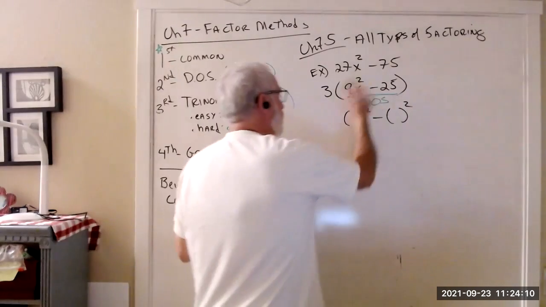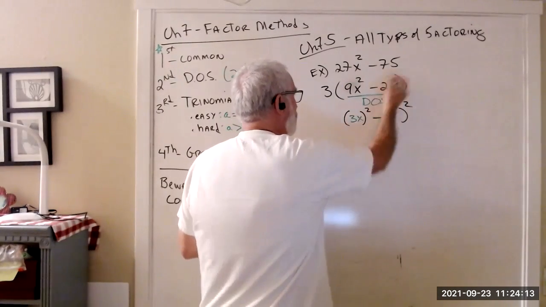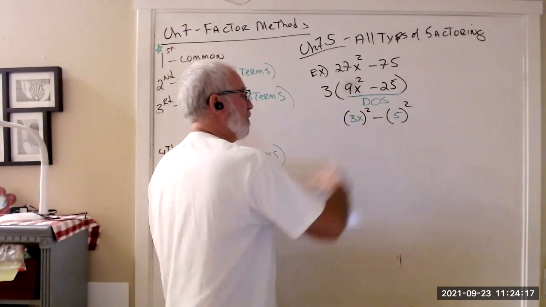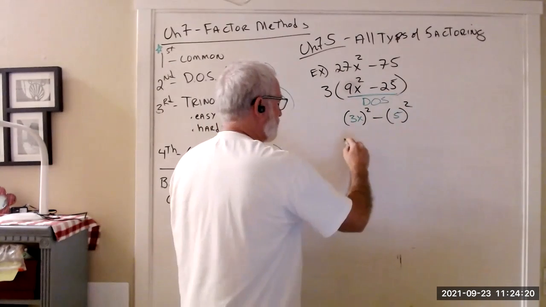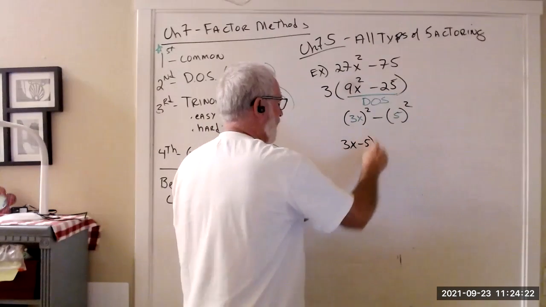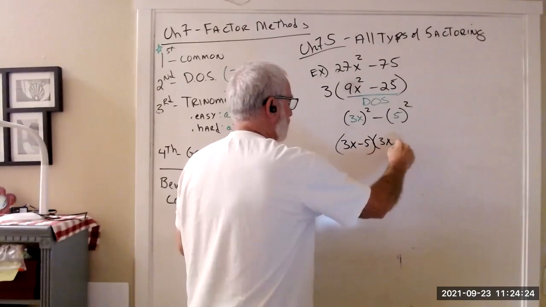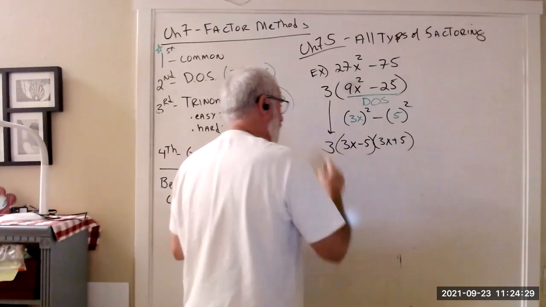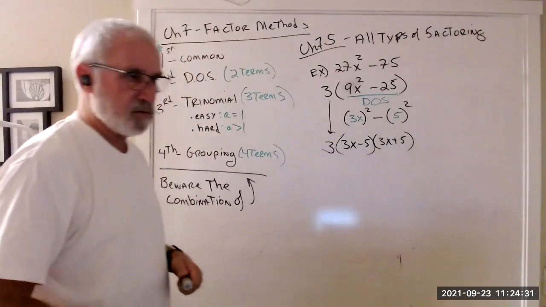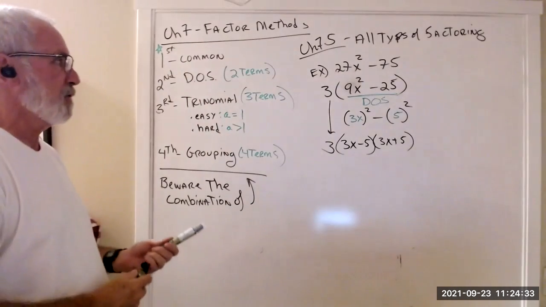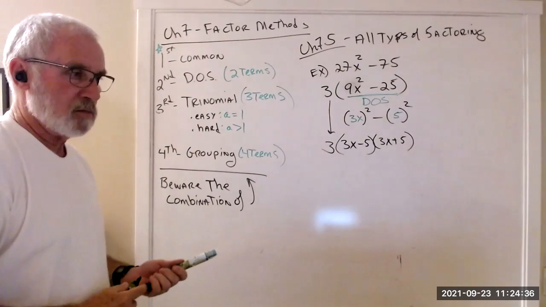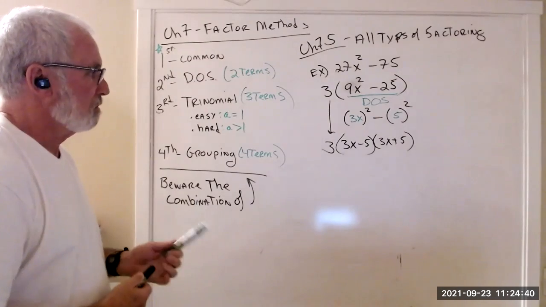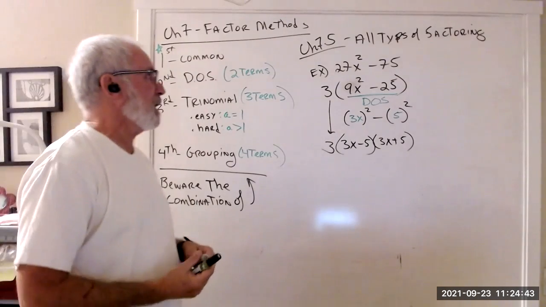I can. 9x squared is 3x squared, 25 is 5 squared. So this will become 3x minus 5 and 3x plus 5. But don't forget to bring the 3 down. It's one of the factors of the answer.